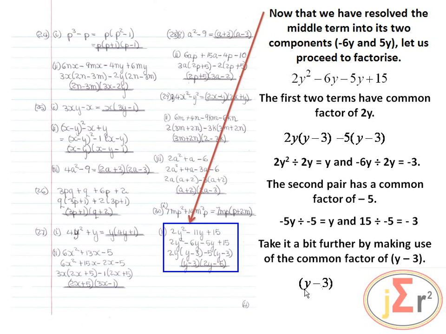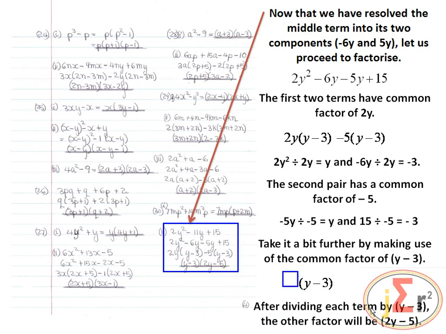We do not leave it out, as it is the custom of some candidates to do. So take our highest common factor and divide each term by it. Y minus 3, y minus 3, those are gone, and we have 2y minus 5.